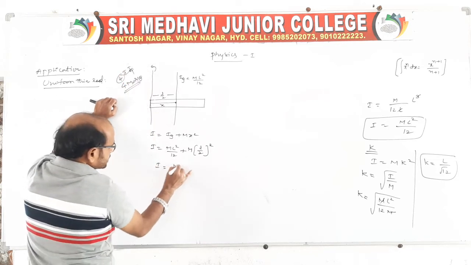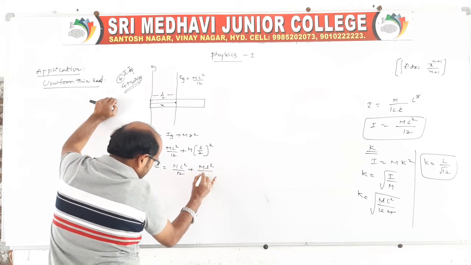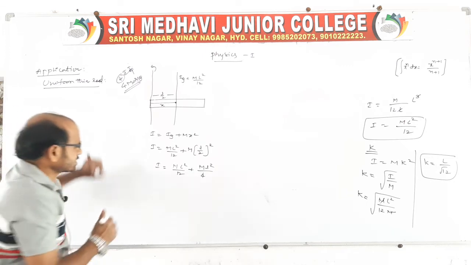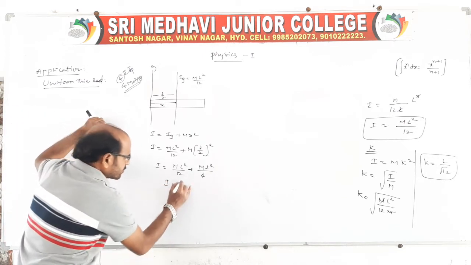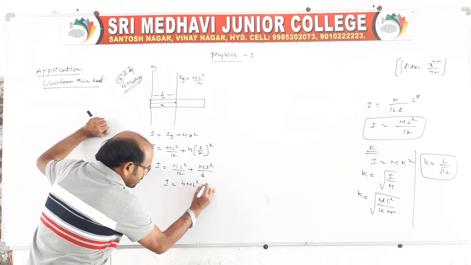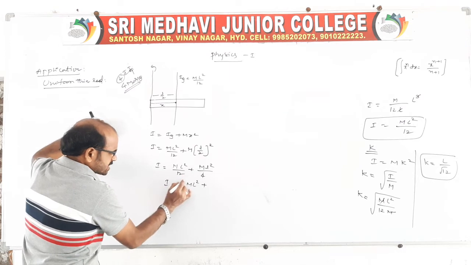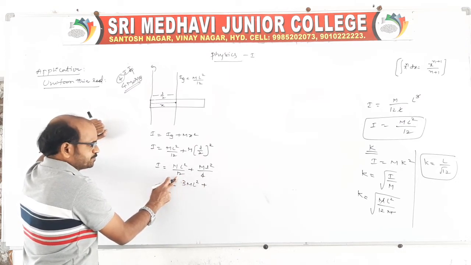So ml square by 12 plus ml square by 4. Clear? Now you take an LCM. I is equal to, it is actually 48 we can say, therefore 4 ml square plus 3 ml square, because 12 by 4 it is 3.